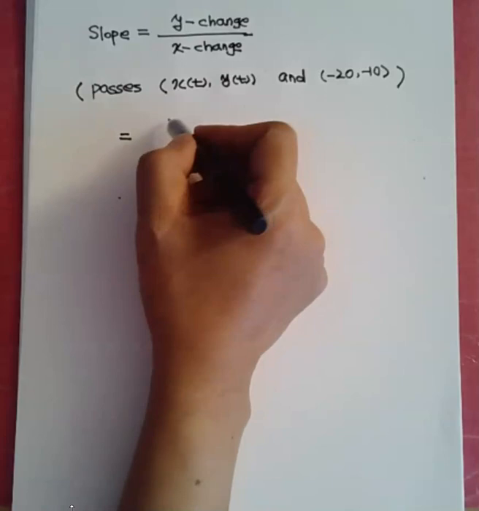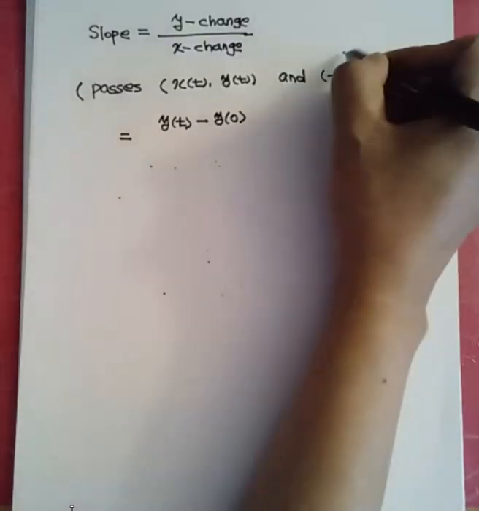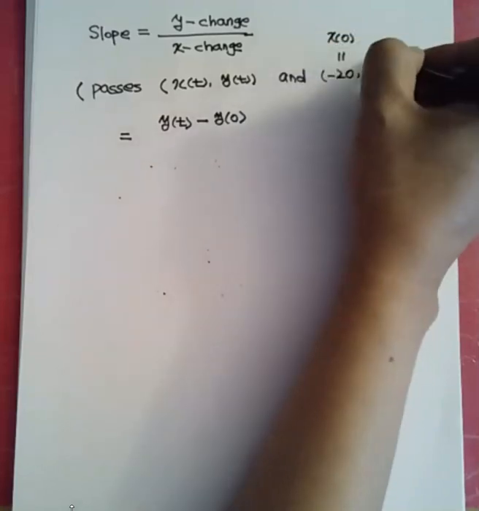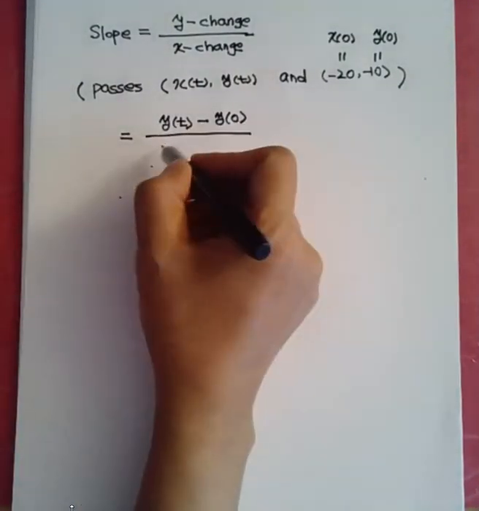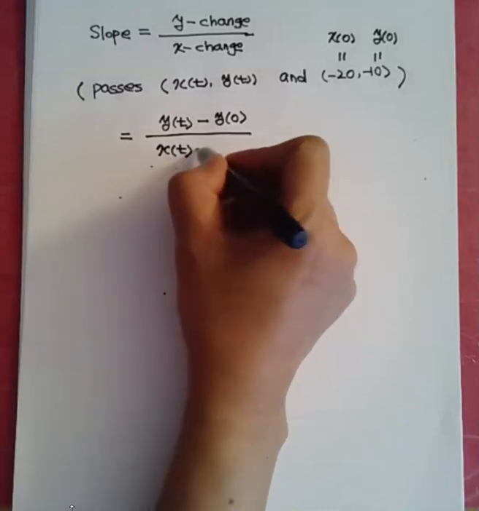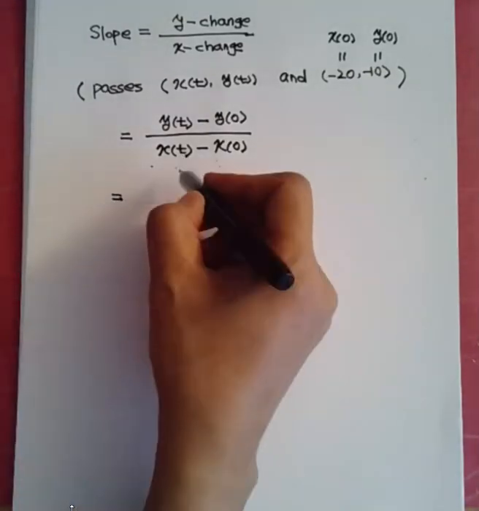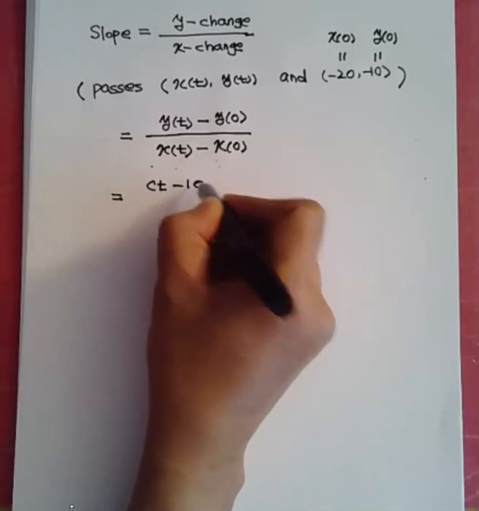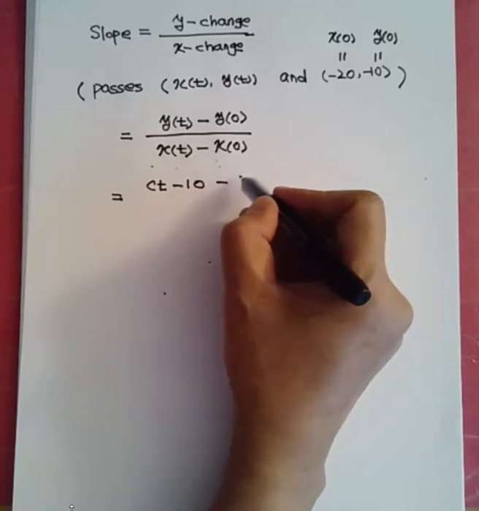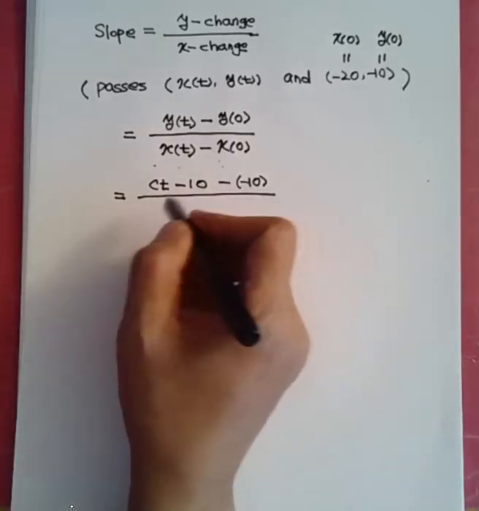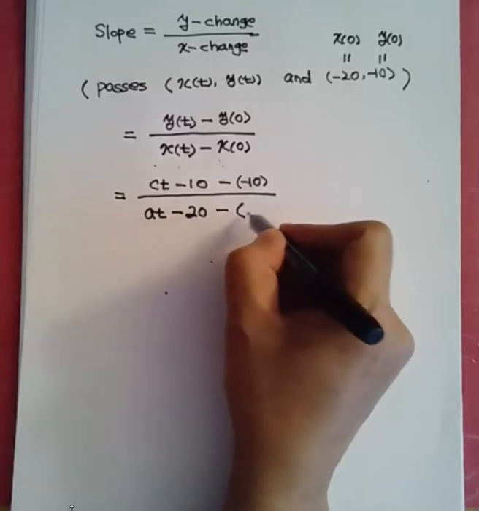Then the formula can be written as y of t minus y of 0, because this is x of 0 and this equals y of 0, over x of t minus x of 0. y of t was given as ct minus 10 because d was minus 10, minus y of 0, which was d was minus 10 again, over x of t was at minus 20 minus x of 0 was minus 20.